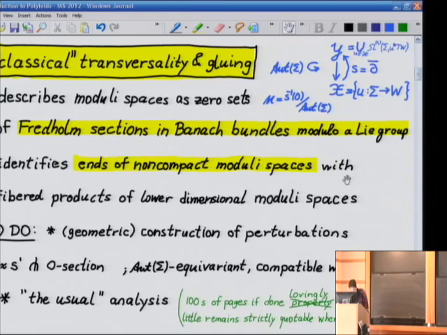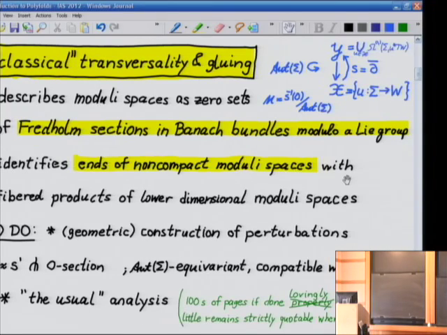Okay, so this is what we used to do in symplectic topology, what we still successfully do in good cases, where the bubbling doesn't get too wild. We describe our moduli space of holomorphic curves as the zero set of a section modulo an automorphism group.